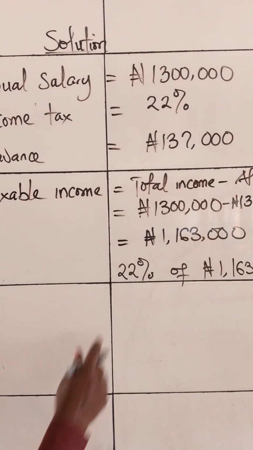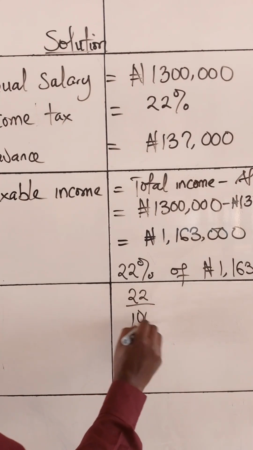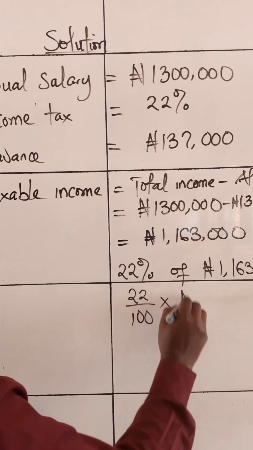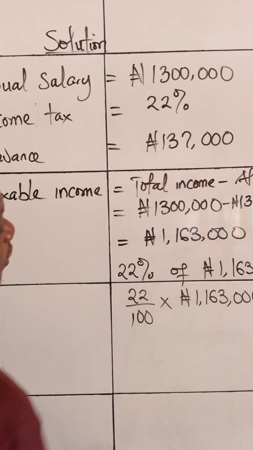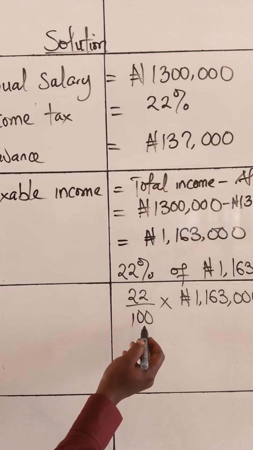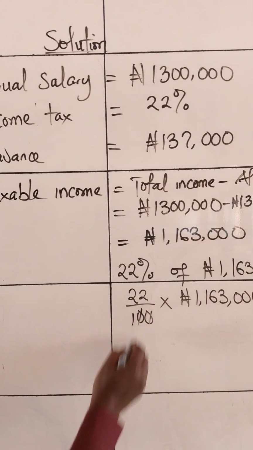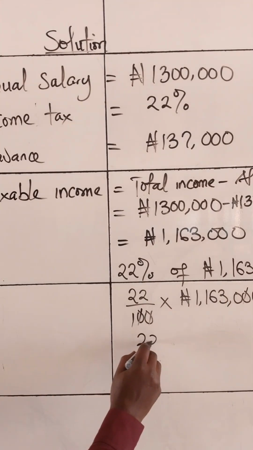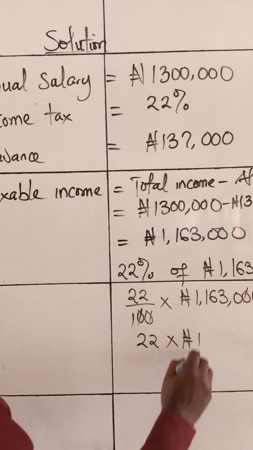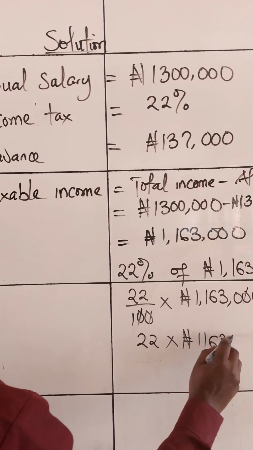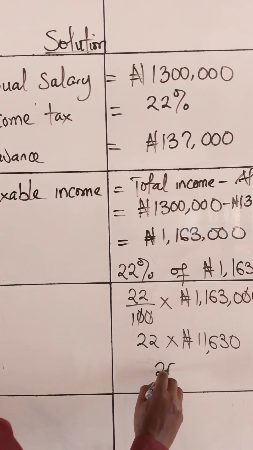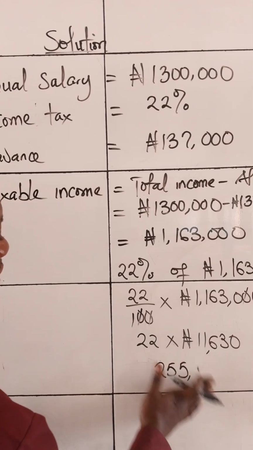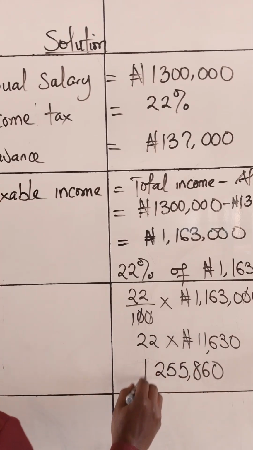So to solve this, we have 22 over 100 multiplied by 1,163,000. If you multiply this, you can cancel out the zeros, and then we have 22 multiplied by 11,630. So if you multiply that by 22, we are going to have 255,860 naira.